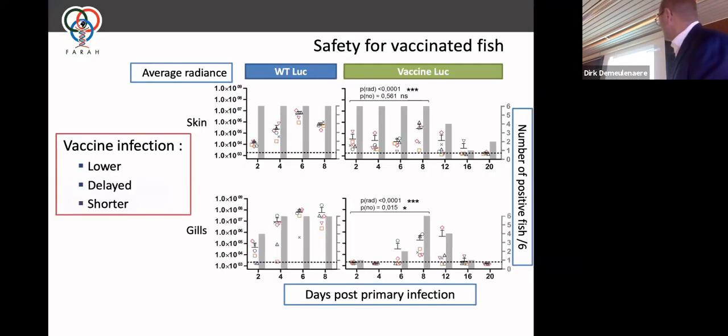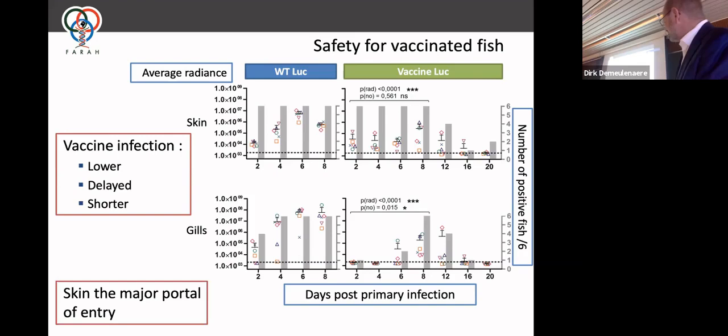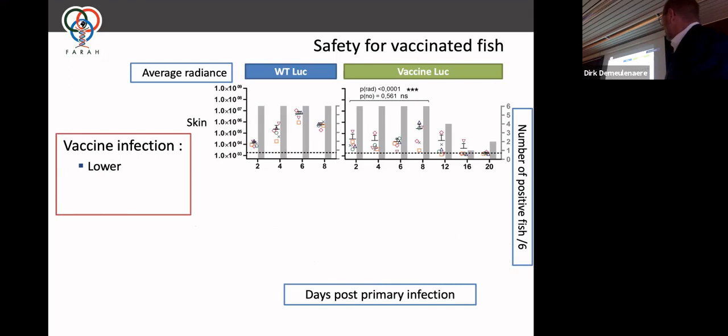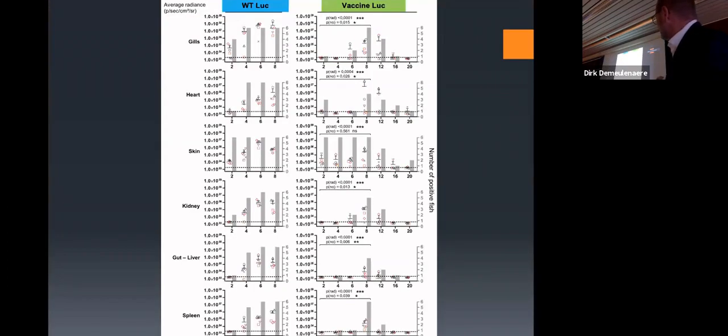Let's zoom in on the skin and the gill. You see that the vaccine infection is lower, delayed, and shorter. One thing that I like also in this story is that the vaccine is actually further demonstrating that the skin is the major portal of entry. If you go back to this slide, you see here that they're all positive for the skin, while the gills, for example, most of them are already positive.